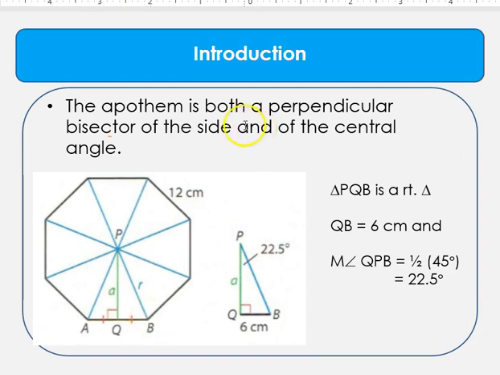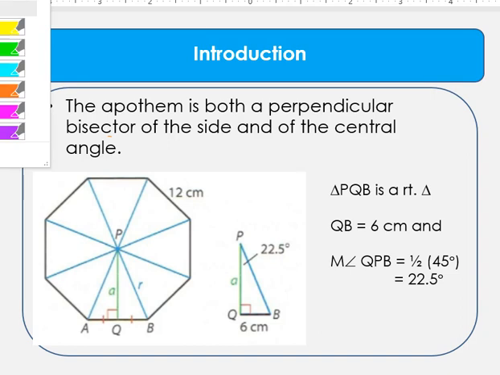Now the apothem for this triangle PAB is both a perpendicular bisector of the side, so it bisects AB, and of the central angle, so it also bisects the central angle. And I want you to make sure that you have that on your drawing.